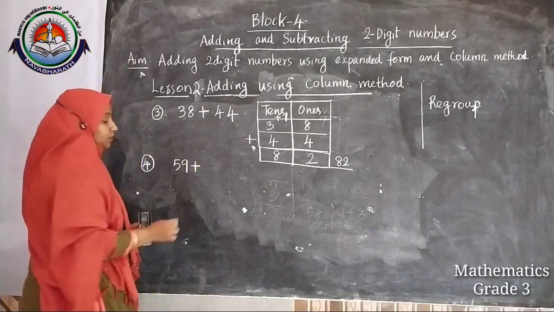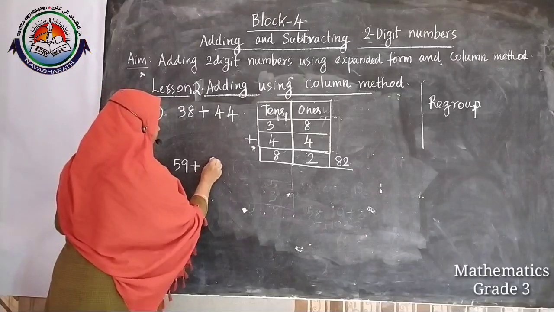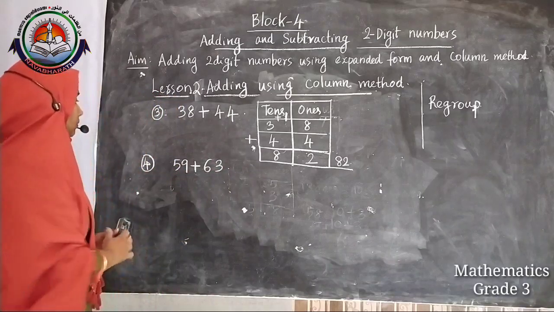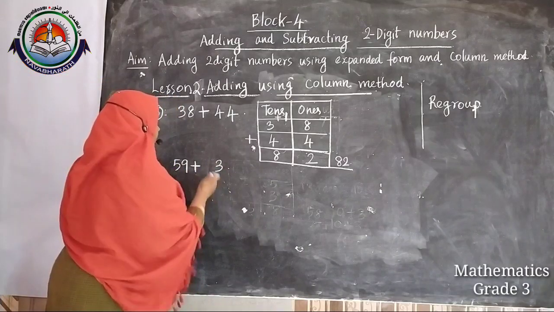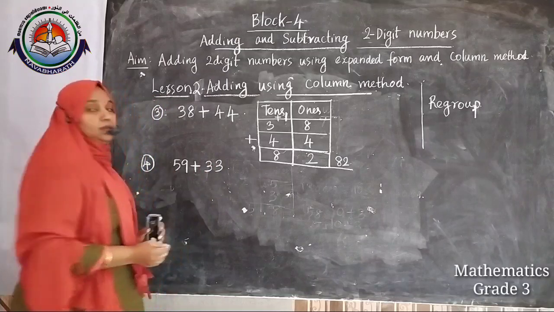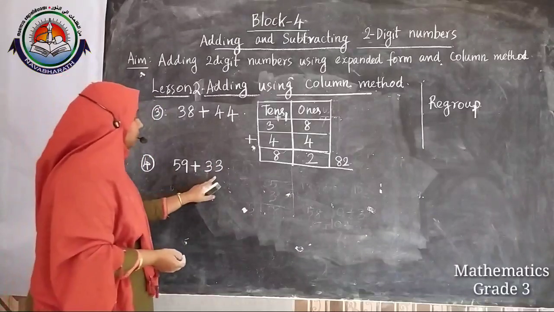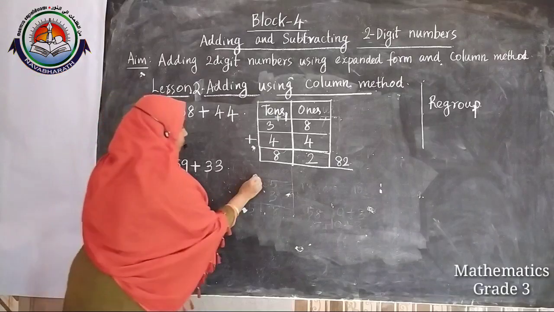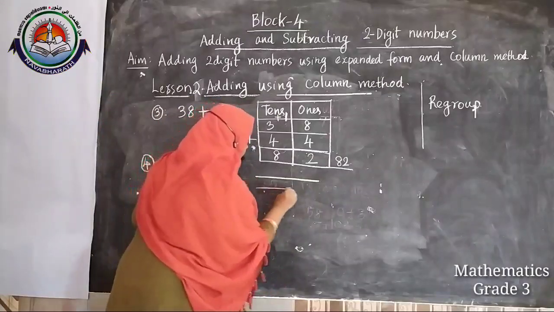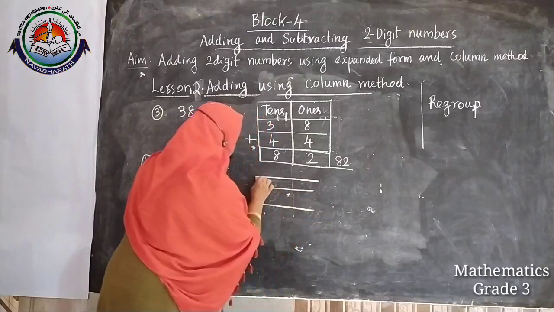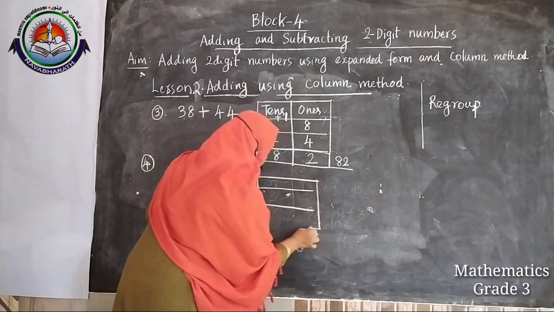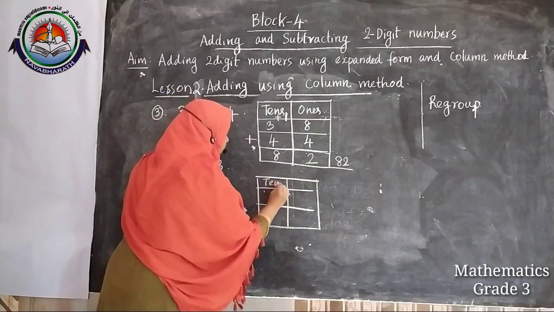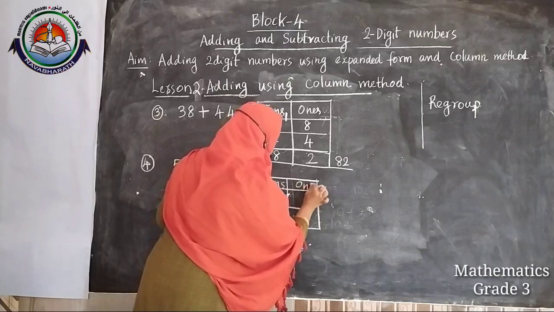59 plus 33. Then write the column. Tens you write here, ones you write here.